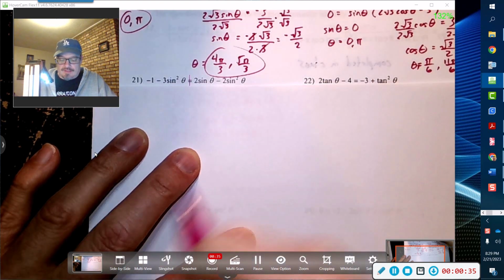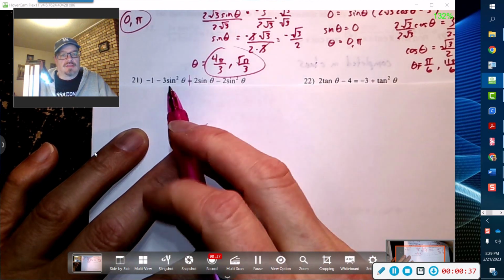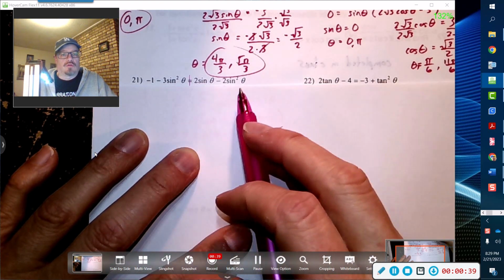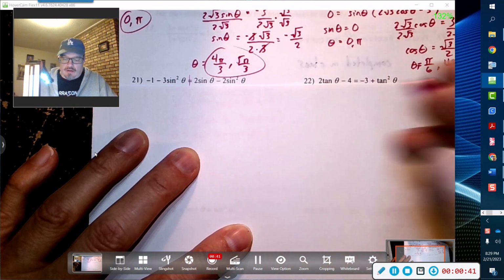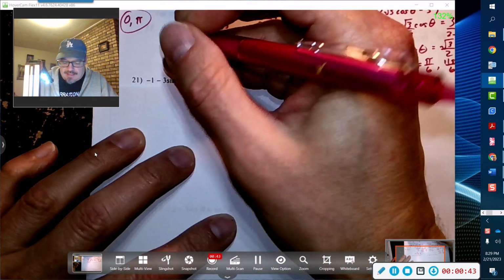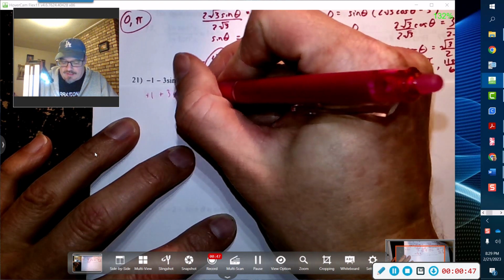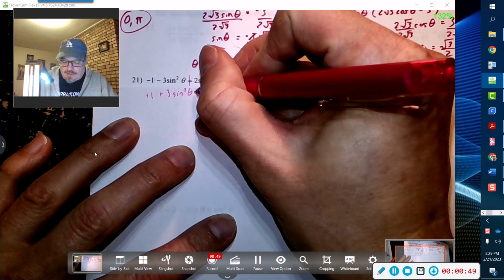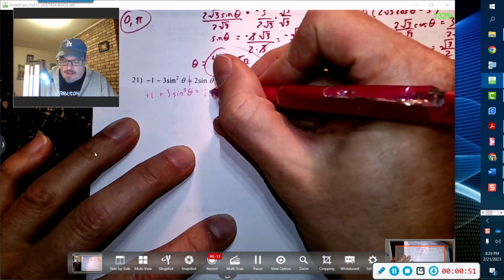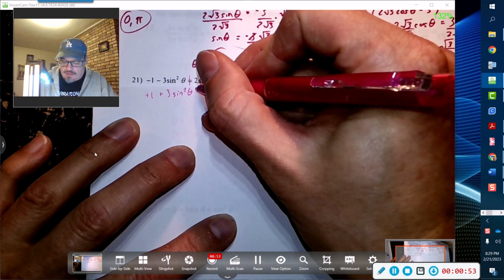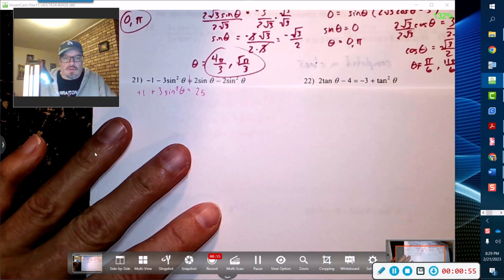But anyways, what you want to do, though, is you want to move everything over to the right-hand side here because this guy needs to be set to 0. So we're going to add plus 1 plus 3 sine squared theta. And then we're going to move this over here a little bit.